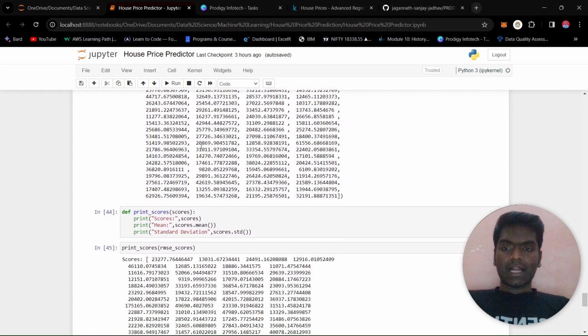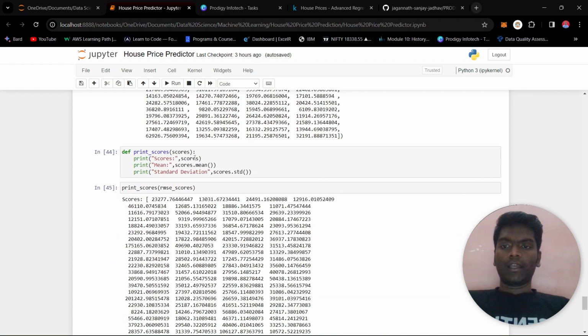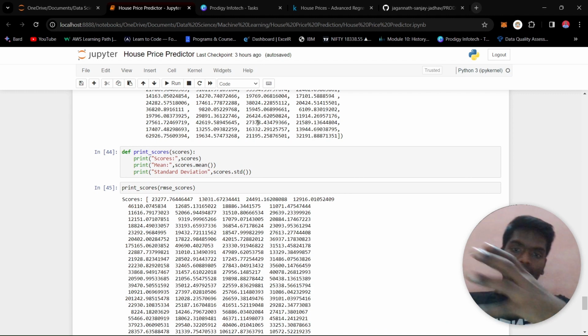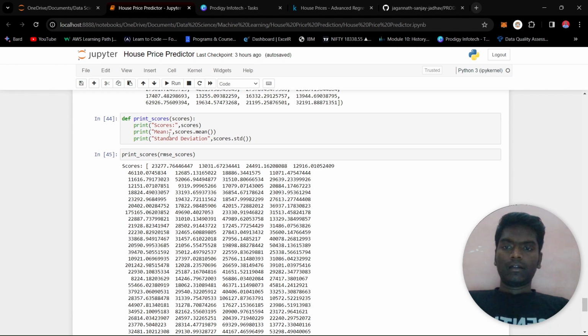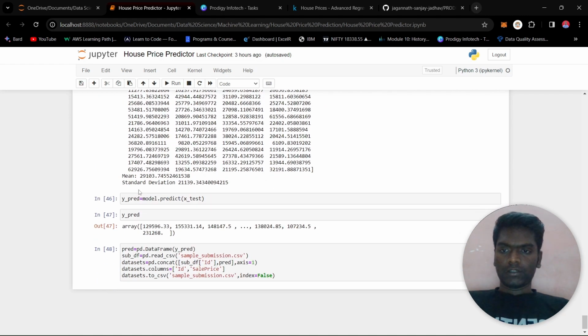After looking at the RMSE scores, I figured out that I can't keep all the 200 RMSE scores. So I just calculated the mean and standard deviation of the RMSE scores. Here I have the actual mean of all the RMSE and the standard deviation of the RMSEs.